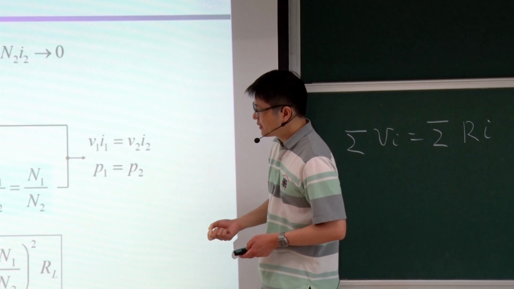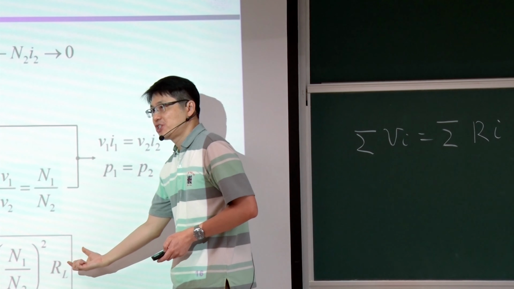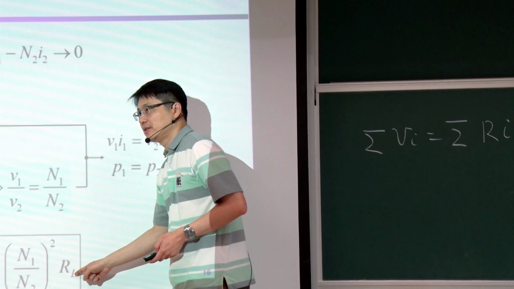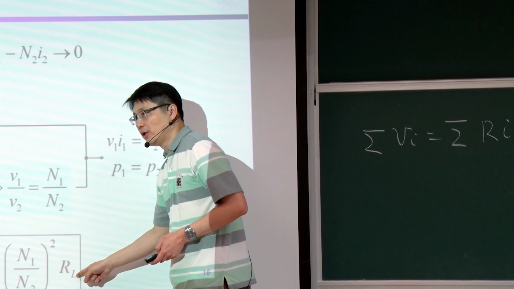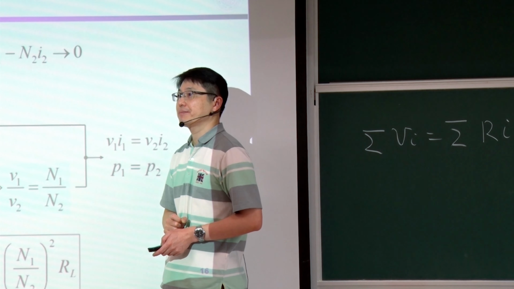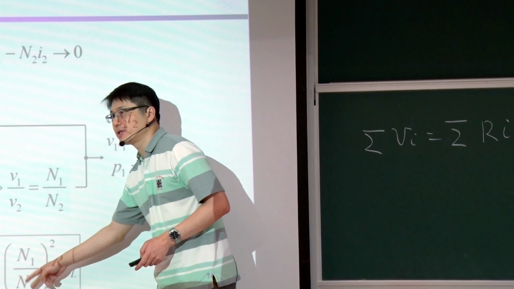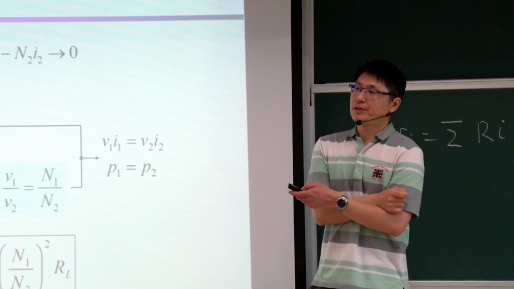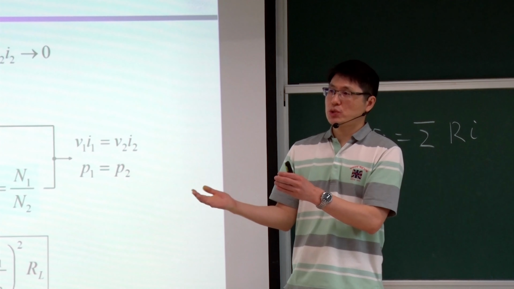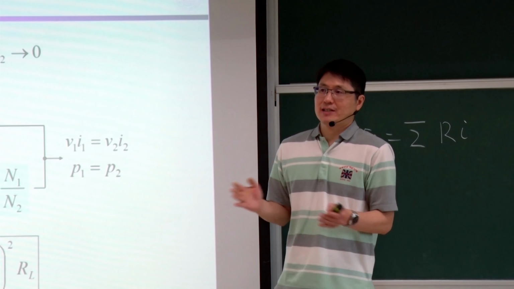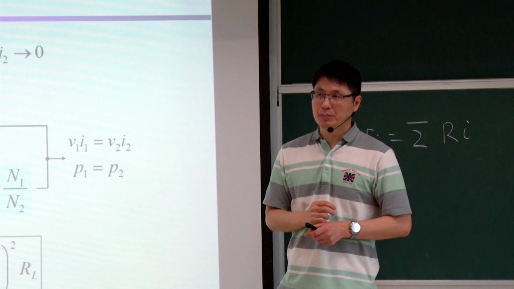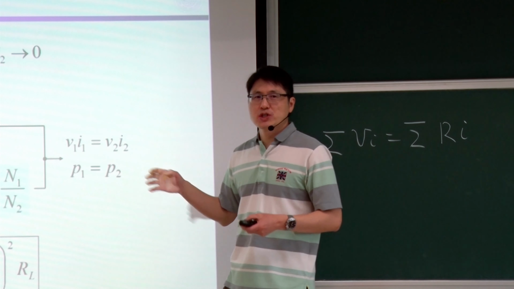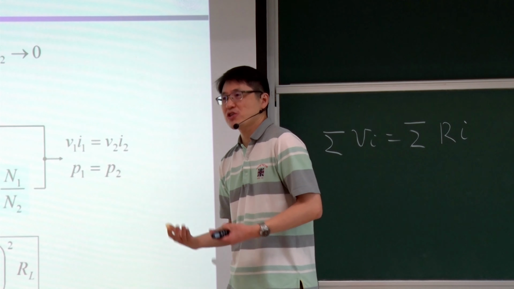A transformer can change the load impedance. By changing the winding number, you can change your effective impedance. So this is another way to perform impedance matching.